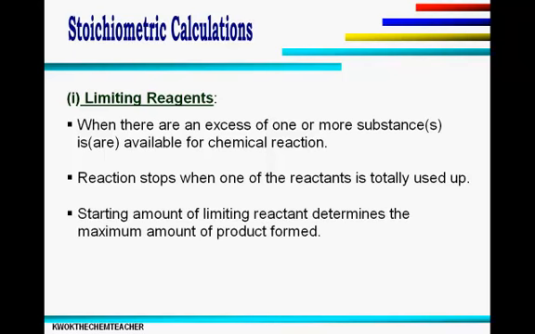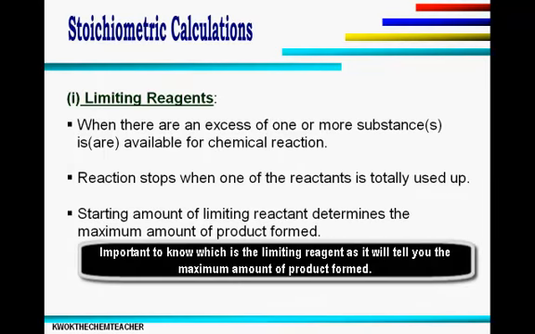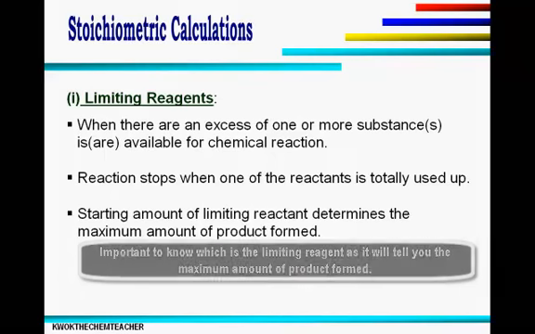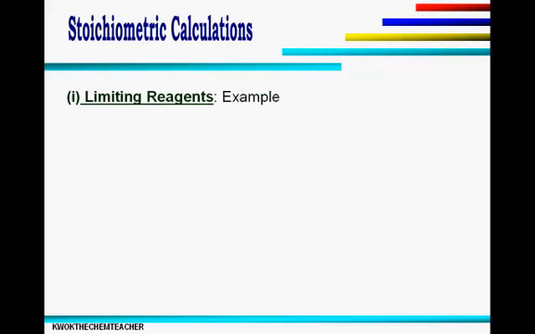The starting amount of the limiting reagent determines the maximum amount of the product that is formed. So that's why it is important for us to know which is the limiting reagent. By knowing which is the limiting reagent, we will be able to obtain a sense of what is the maximum amount of the product that is formed.